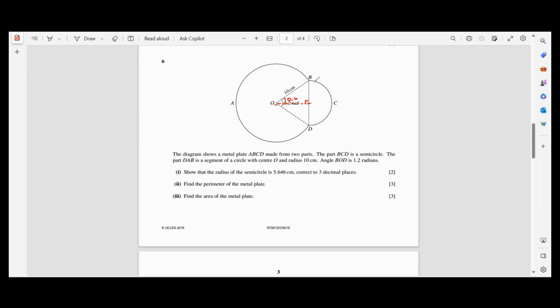And then for this we can use sine. So sine 0.6 radian, let's say this is x, the one that we want to find, 10. So sine, change it into radian first. You have to be careful. We have to change the degrees to radians first.